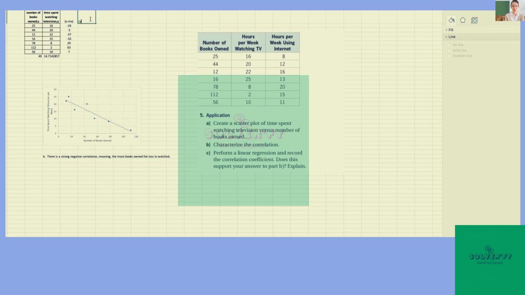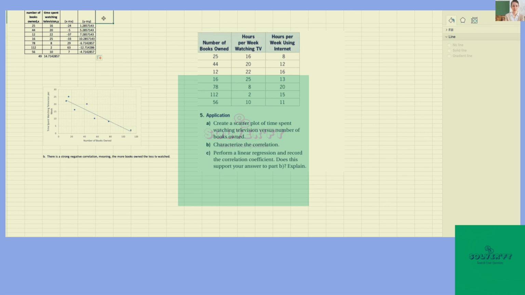Then I'm going to do Y minus the mean of Y, and we just box this off. So I'm going to do 16 minus 14.714287.